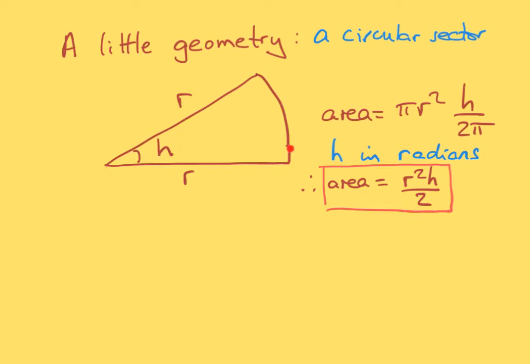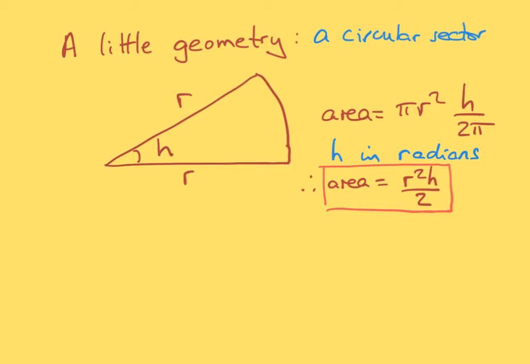Now, the area of the circle, the full circle, is pi r squared. And the share of it that we're taking with our slice here, this sector, is going to depend on how big the angle is. So if the angle was 2 pi in radians, we'd have the entire circle. So we would have the full area, pi r squared. And what we do is we take the angle and we divide it by 2 pi, and that is our share of the circle in this sector.